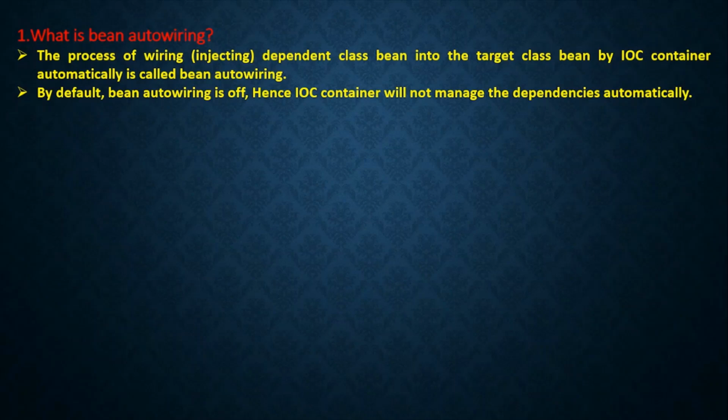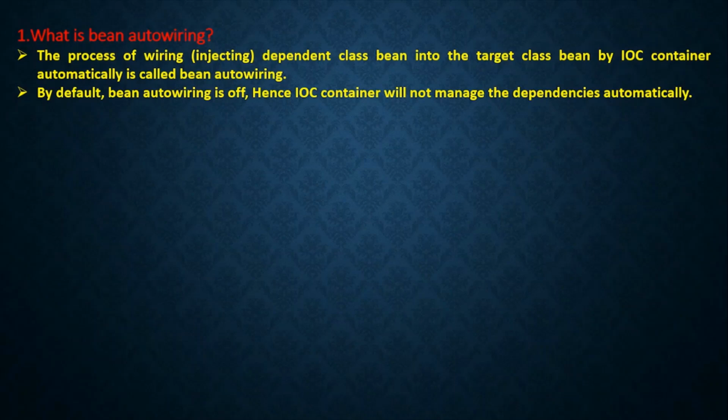By default, if you don't provide the autowiring, the IOC container will not take care of the autowiring of the dependent and the target bean. By default the autowiring is off.